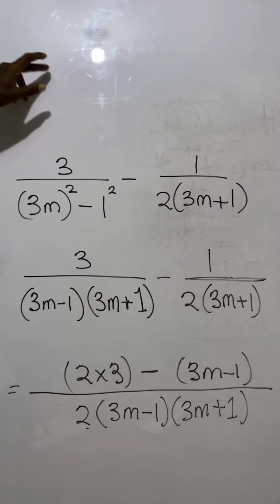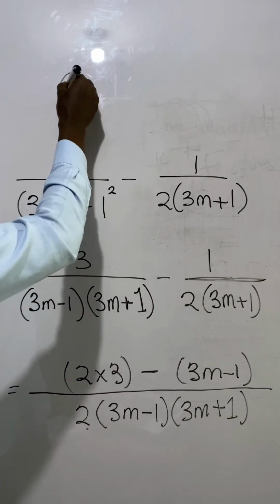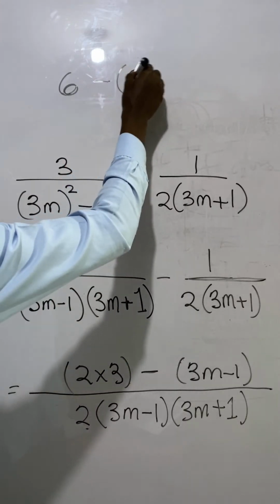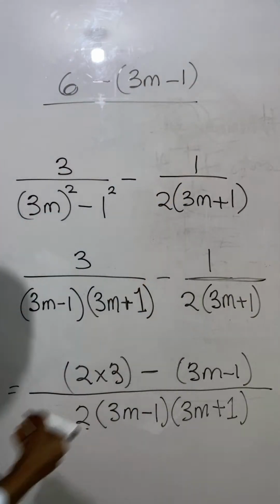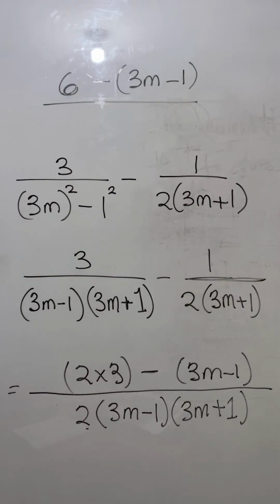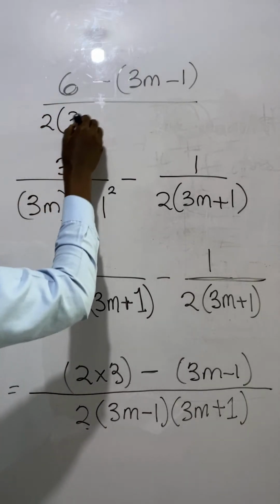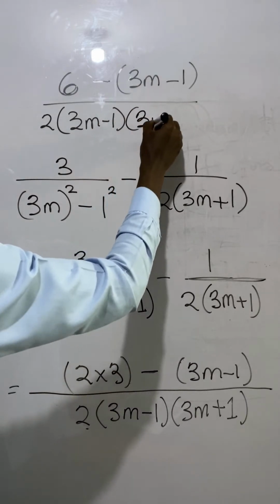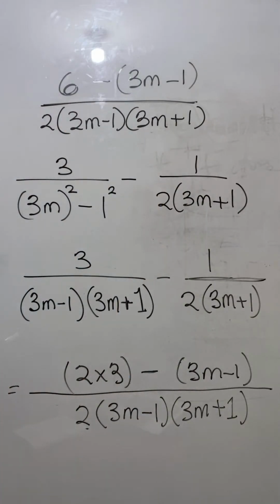I hope you are ready. So 2 times 3 gives us 6. 6 minus 3m minus 1, all divided by the denominator. And the denominator, how do we have? We have 2, bracket opens, 3m minus 1, bracket opens, 3m plus 1. So that is what we have out there.